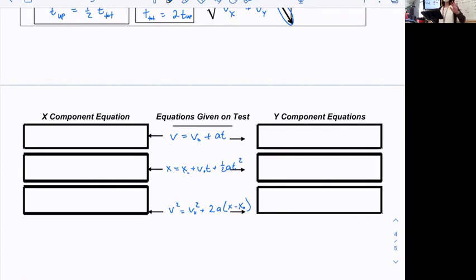In terms of looking at it from a projectile point of view, for my x component, my vx is just equal to vx. It doesn't change. If I have no horizontal acceleration, your x velocity doesn't change. This equation simplifies because you don't have acceleration in the x direction. The way we think about it is just delta x equals vx naught times t.